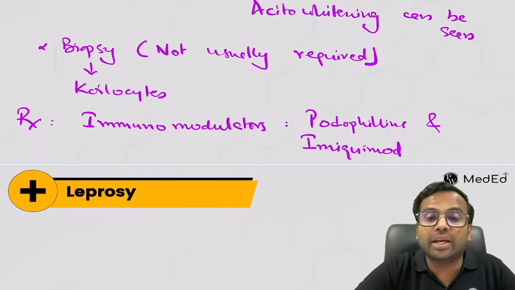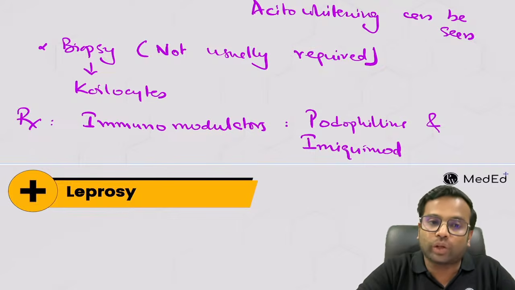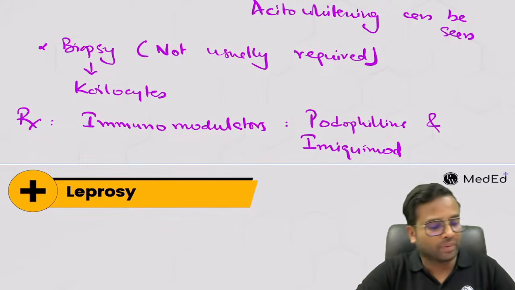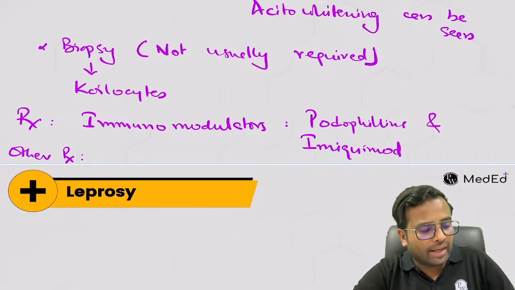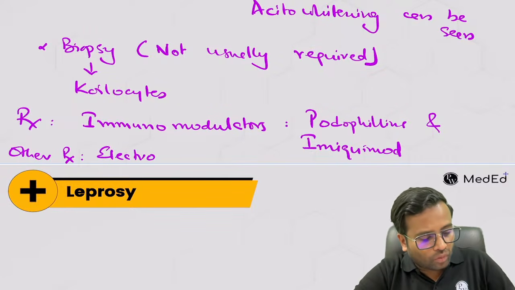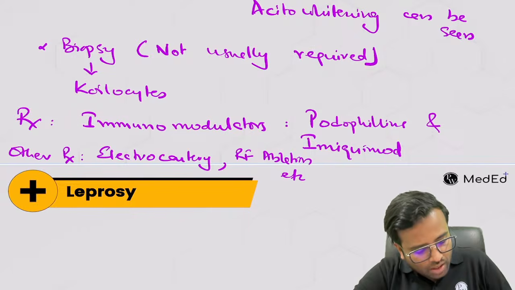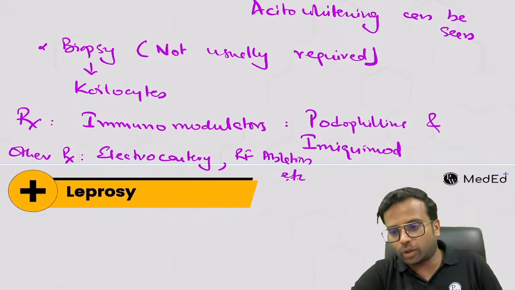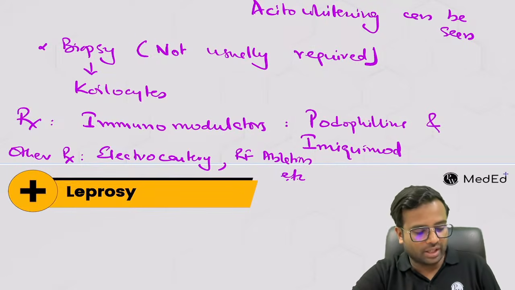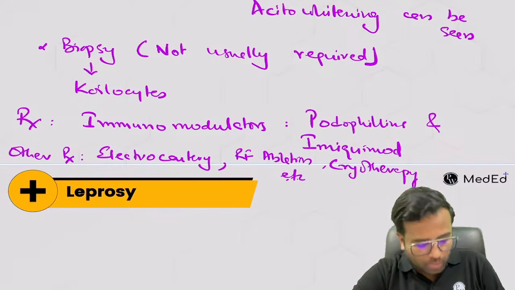So these are the immunomodulators which can be used for the management. There are obviously other treatments like electrocautery, RF ablation, etc., which can also be done, even cryotherapy as well.